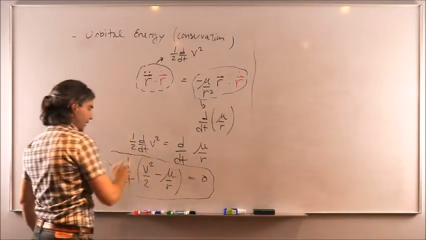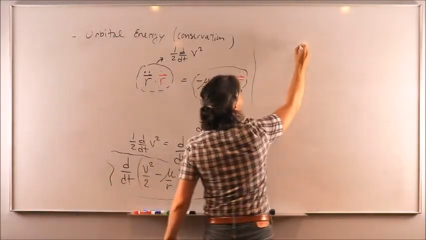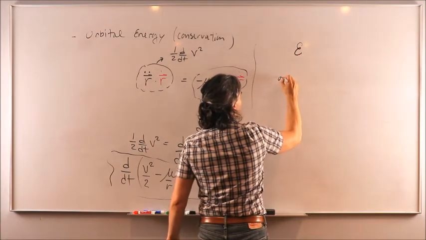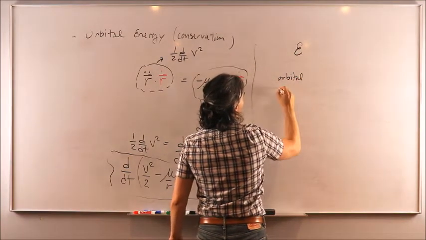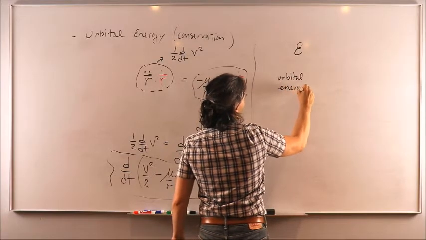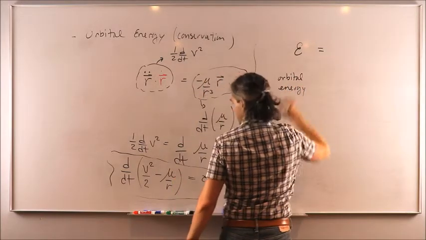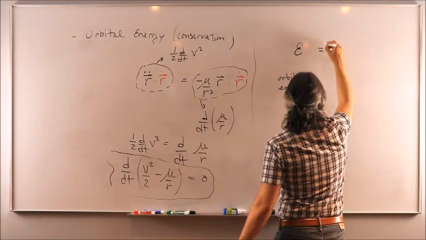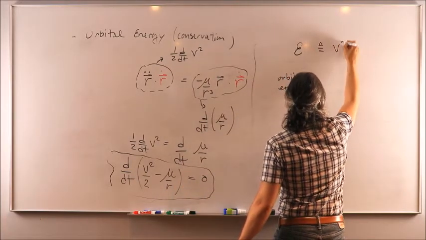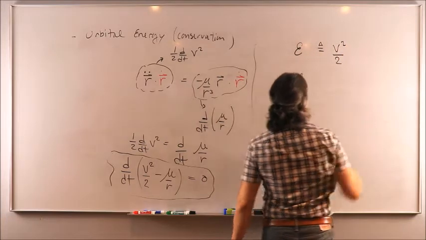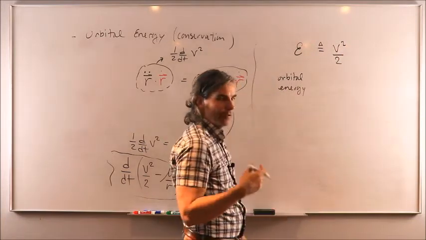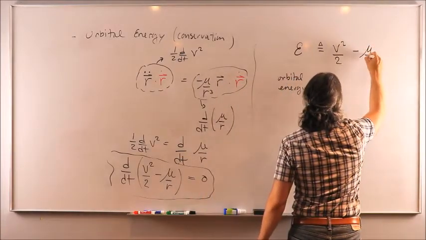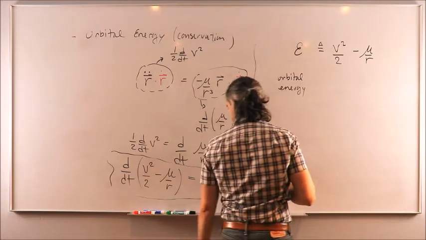So just by looking at that, we could infer that the orbital energy of our spacecraft is equal, by definition actually, to speed squared over 2, that's your 1/2 v squared that you all know about, minus mu over r.